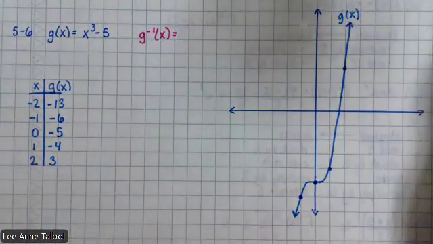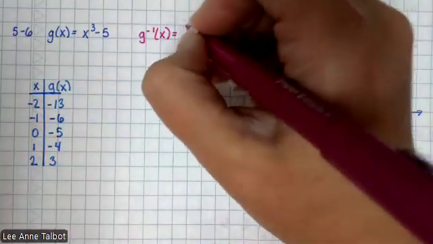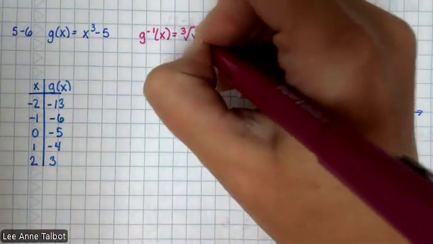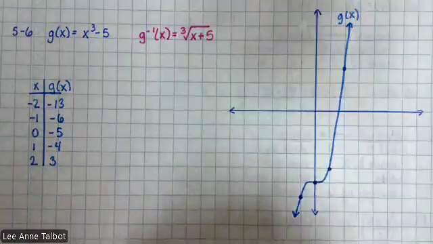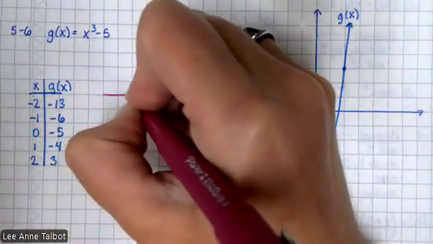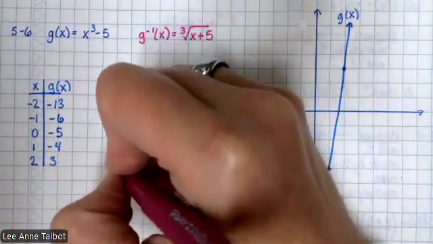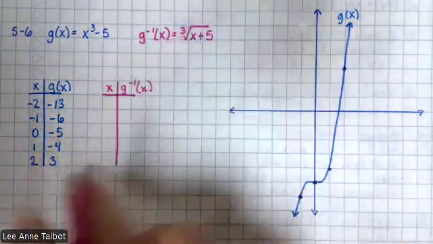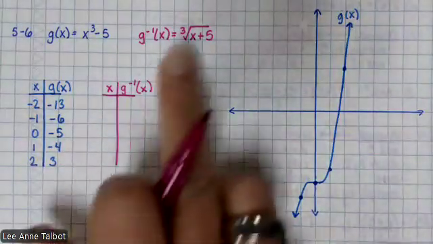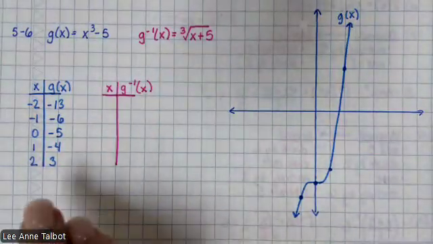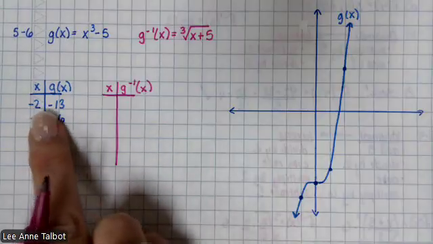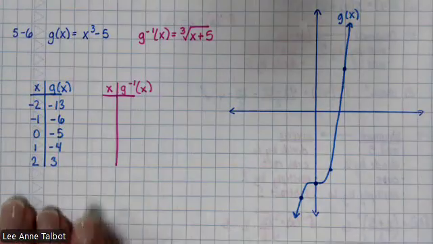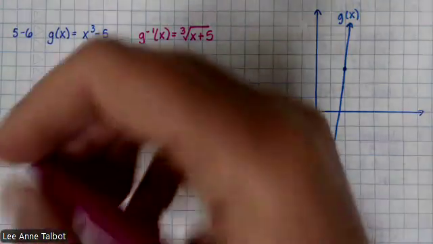Okay, so what does a cube root look like? Now we could do mental math on a table to figure it out, but what we're going to do instead is flip the table, because in an original and its inverse, the table flips.